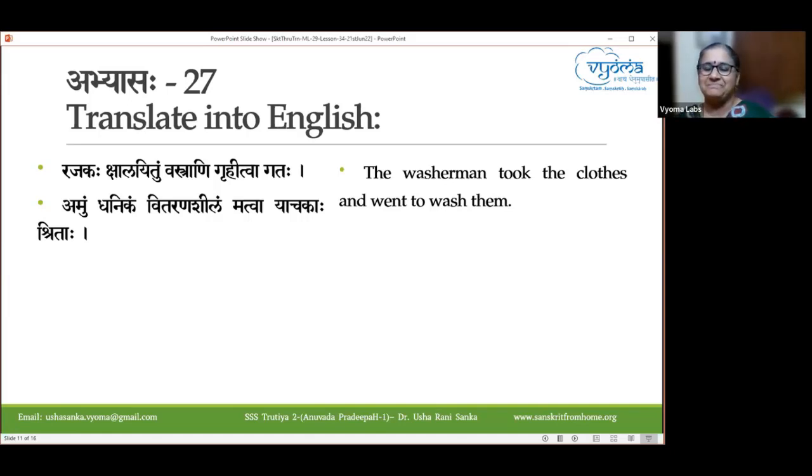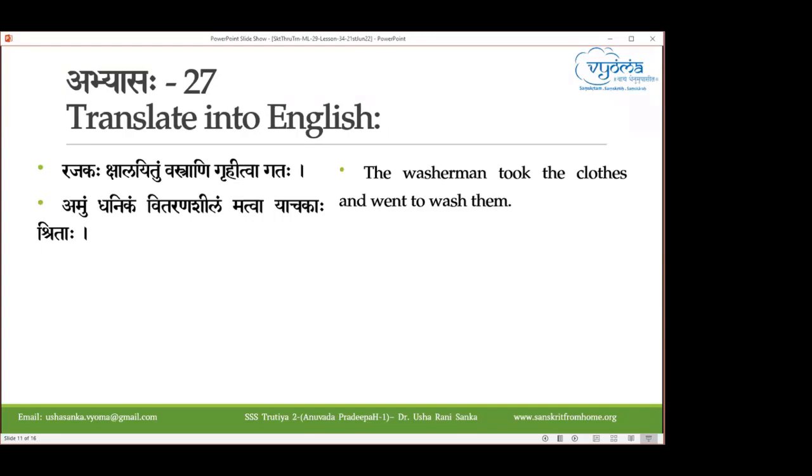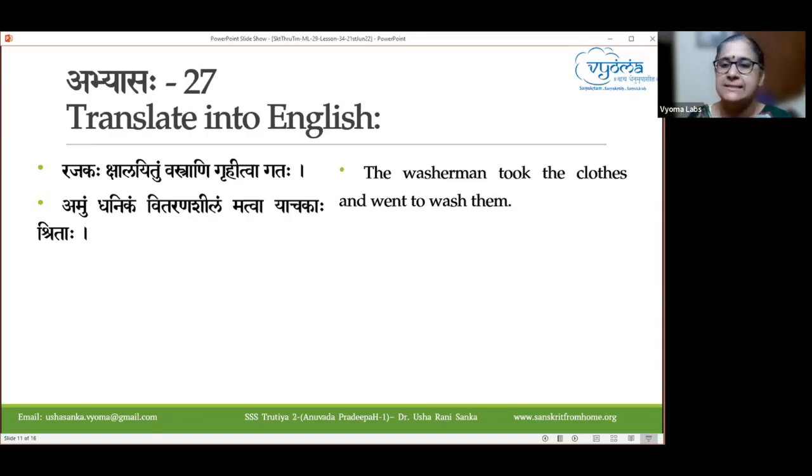Okay, this dhanikam for distributing the wealth. Matva yachakaha. So who is the subject? Subject is yachakaha. Shritaha is what they did, the verb. Then matva, having thought over something. So what did they think? That's how we should frame the sentence.